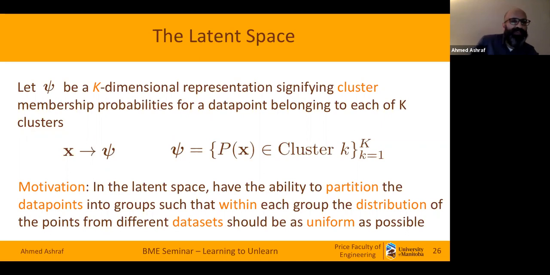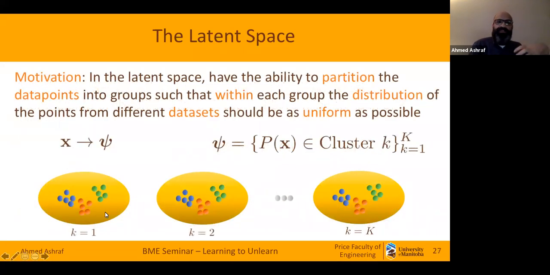What it actually means is that the proportion of examples from different data sets in every cluster should be more or less the same, because then you would not be able to guess which data set an input is coming from. Visually, let's suppose I've got K clusters, and these colored dots represent examples from different studies or different data sets.